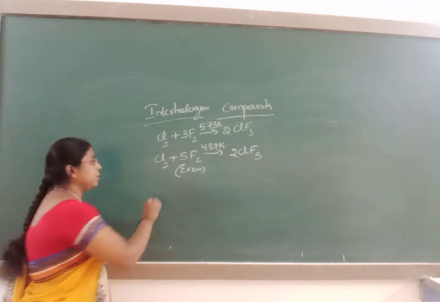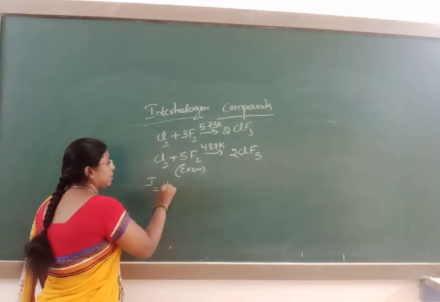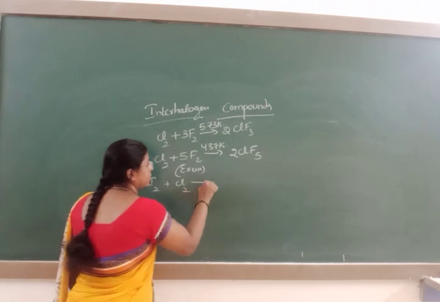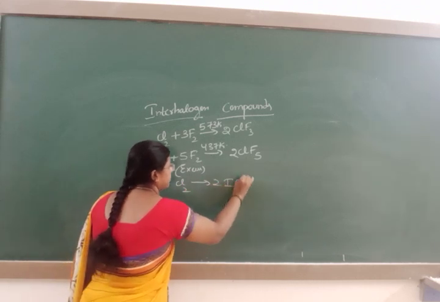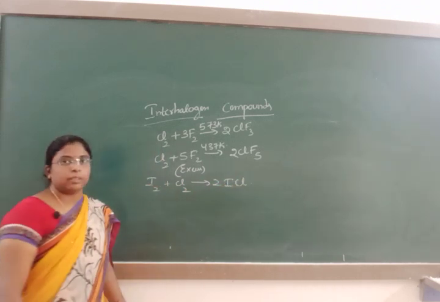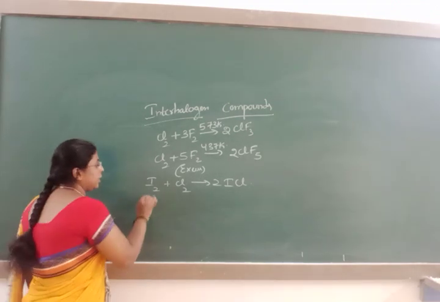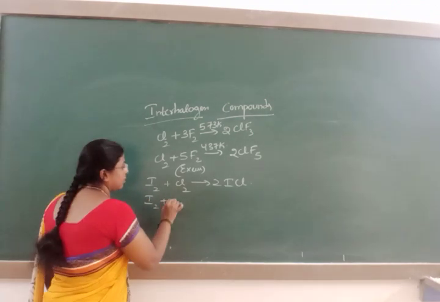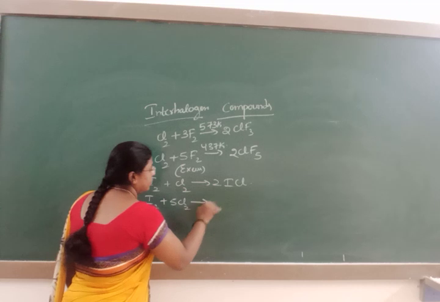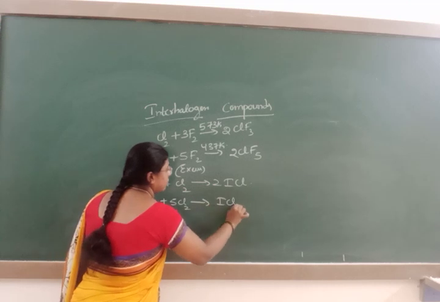If iodine reacts with chlorine, you get ICl. If it reacts with excess chlorine, you get ICl5.